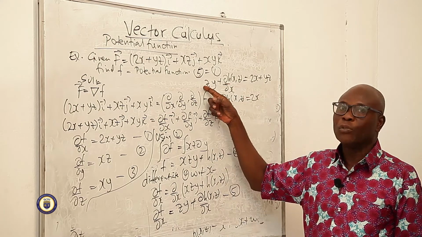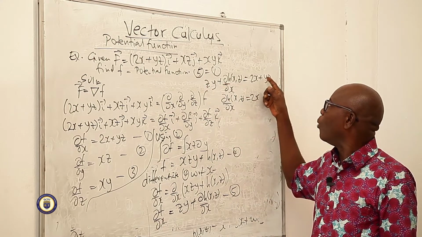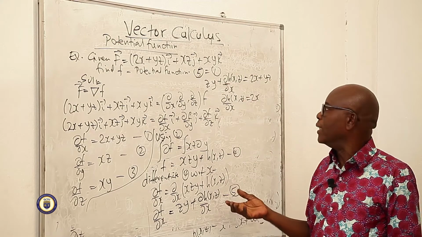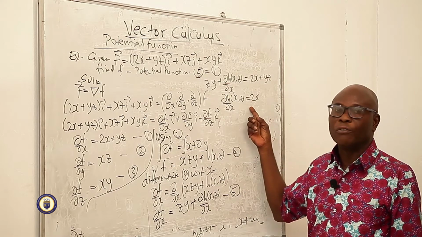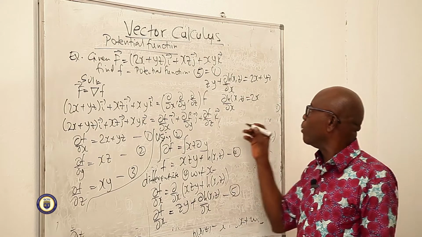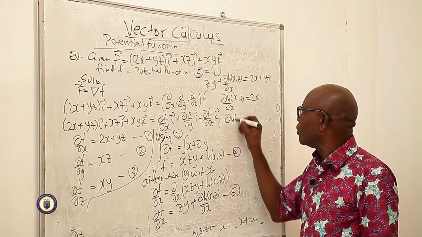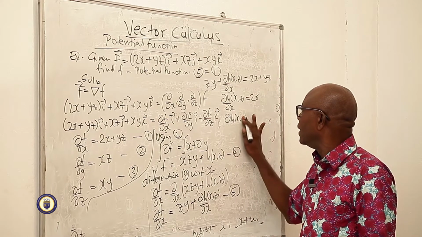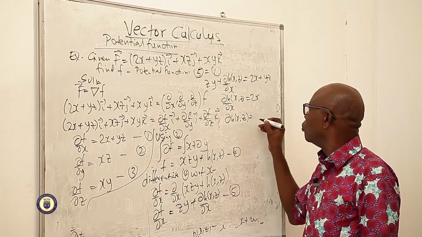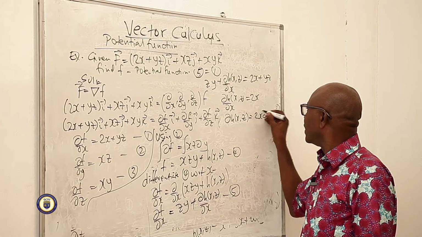And so when this one crosses the sign, we're going to have yz minus yz, which is 0. So eventually we're left with 2x. And so if you cross multiply, we'll have partial h of x and z equal to 2x partial x.